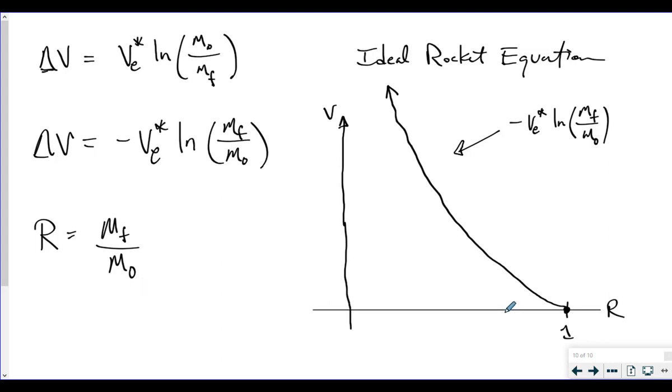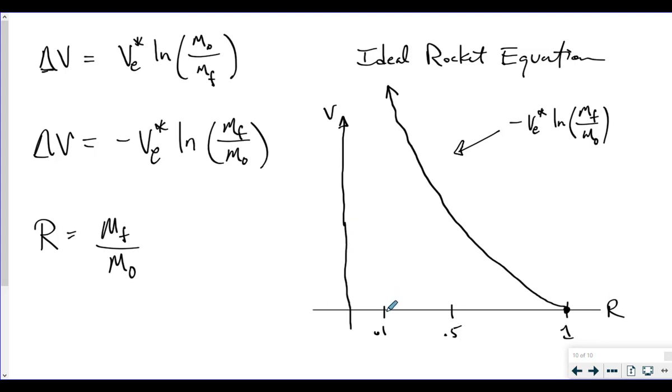So if we look at values for R, we might have 0.5 here and 0.1 back here, but it's necessary to have the final mass a small fraction of the initial mass in order to get these higher values of delta V, which is why, for example, to get a rocket into orbit, it has to be going really fast at a very high altitude in order to stay in orbit.